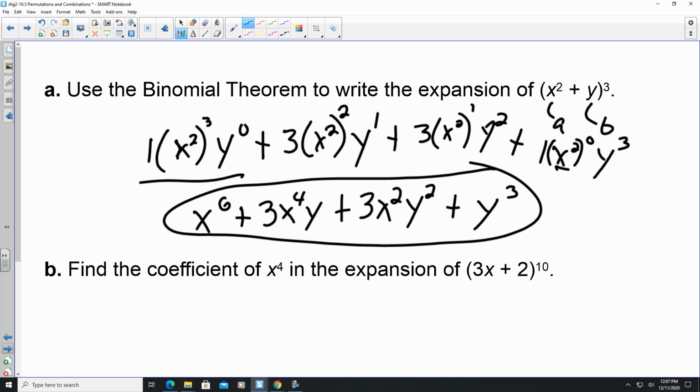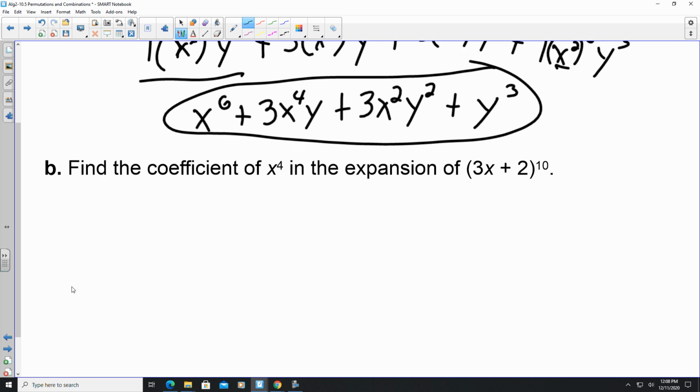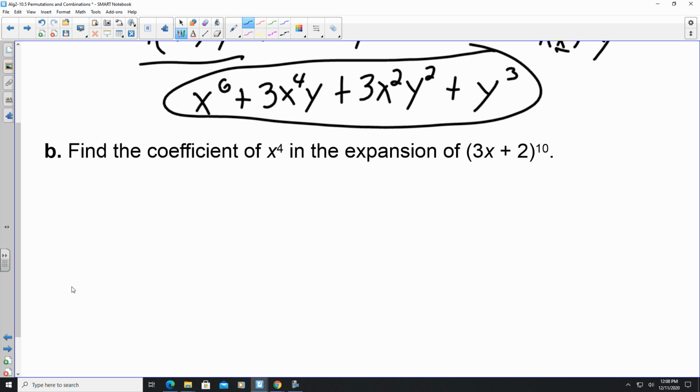So my expanded cube of this binomial is x to the 6th plus 3x to the 4th y plus 3x squared y squared plus y cubed.